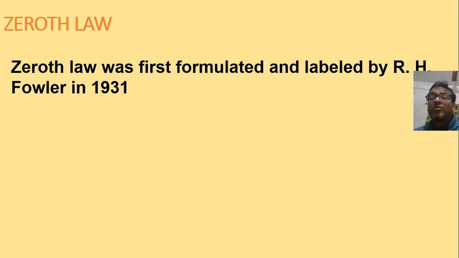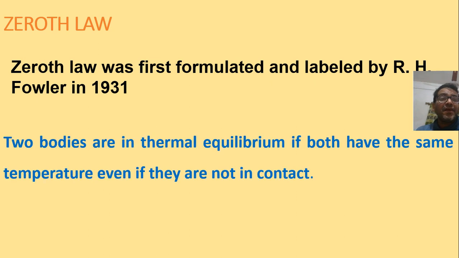Now I am coming to the zeroth law, which was first formulated and labeled by R.H. Fowler: two bodies, if they are in equilibrium, both have the same temperature, even if they are not in contact. So I am saying that across the boundary from the thermodynamical system to the surroundings, if the heat is conveyed, then only we can say that it is in thermal equilibrium.